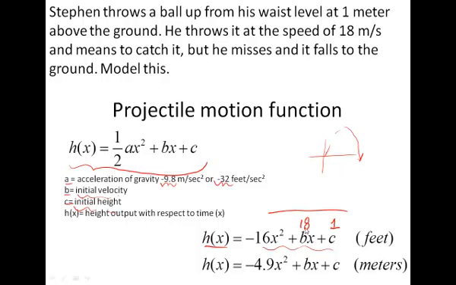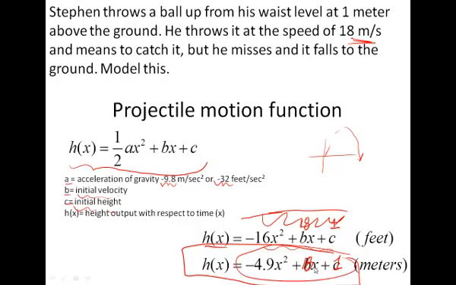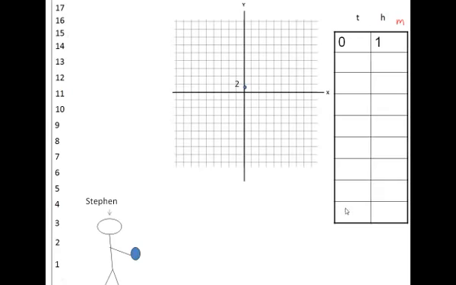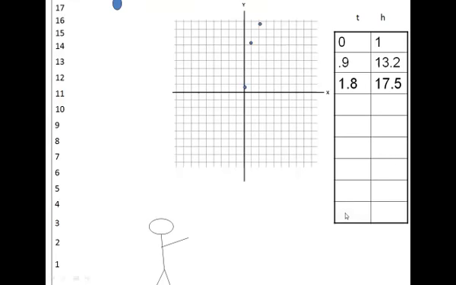Sorry, use this one, because it's in meters. Go back up to the problem, we're all in meters. So this is going to be 18 and this is going to be 1. Use this equation if you want to and check my chart. So after 0.9 seconds have passed, that ball is going to be at 13.2 meters in the air.